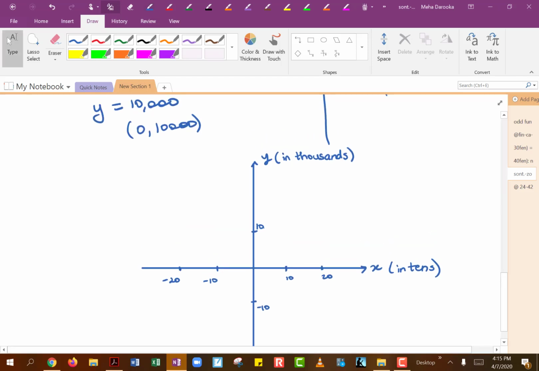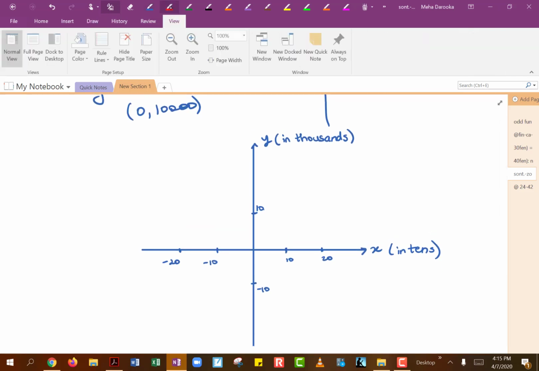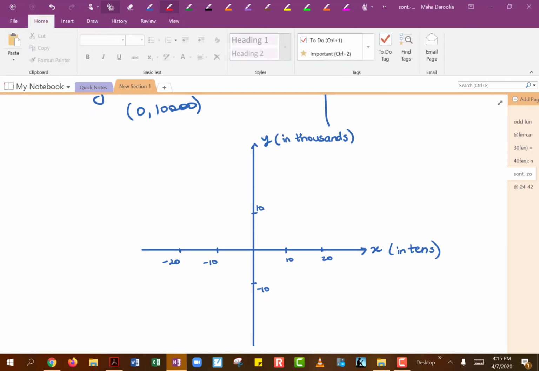Because we need to be able to see the entire shape of our graph. So that means at negative 10 and positive 10, we have our x-intercepts. At 0, 10,000, we have our y-intercept. And then at positive 20 and negative 20, remember we were at like 90,000, so that would be above.